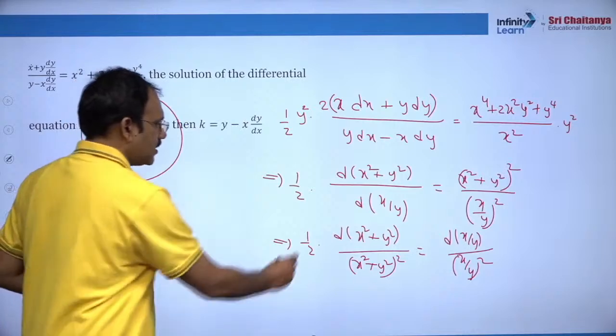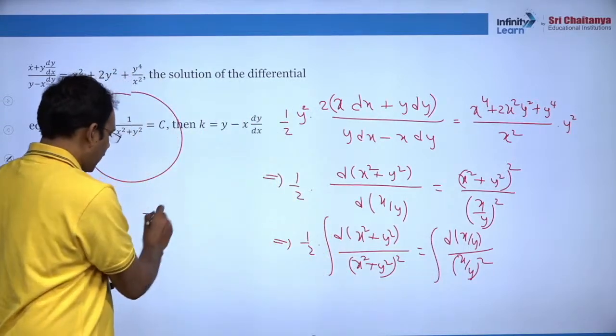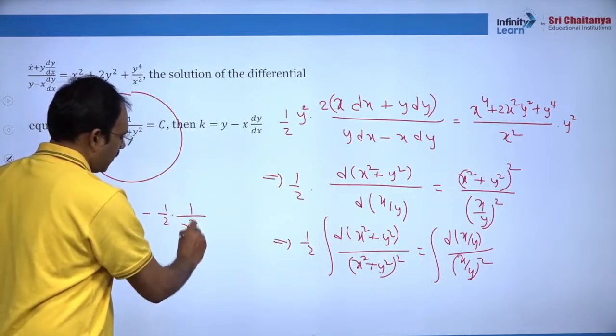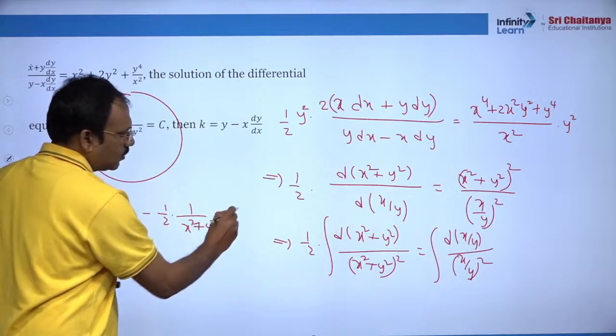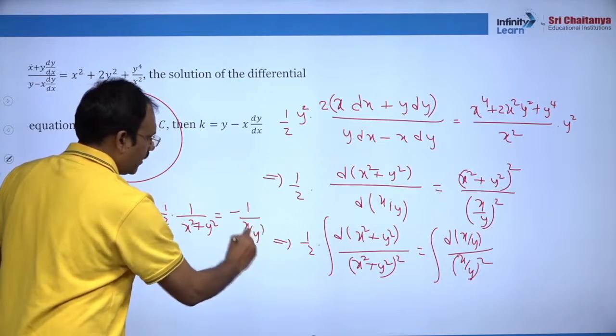At this stage, you just integrate on both sides. You will get minus 1 by 2 into 1 by x square plus y square is equal to minus 1 by x by y plus c.